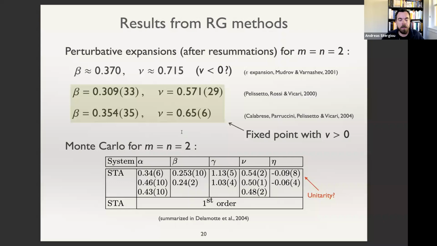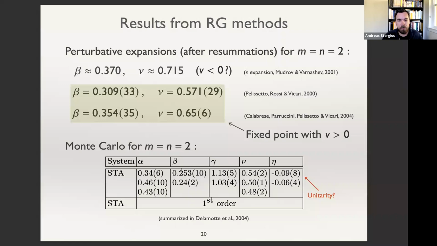Now, there was also a Monte Carlo study. Again, I'm not giving references, sorry about that, but you can find this in this review paper, applied to STAs, where they found some critical exponents which are quite curiously close to the terbium and holmium dysprosium critical exponents.